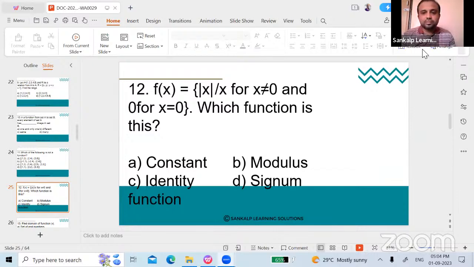What is function? Can anyone answer? We'll recall the function for one minute, then we'll move on to the next part. What is function? Hello students, what is function?